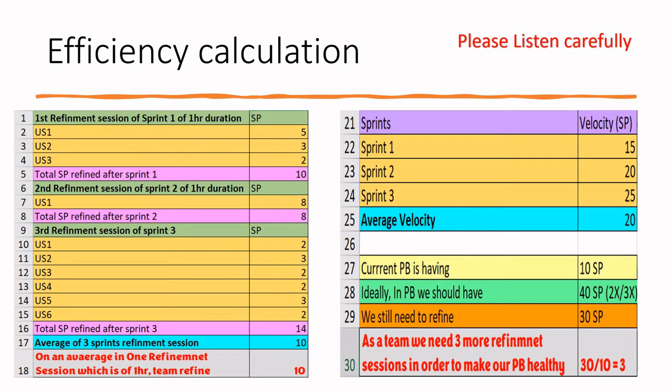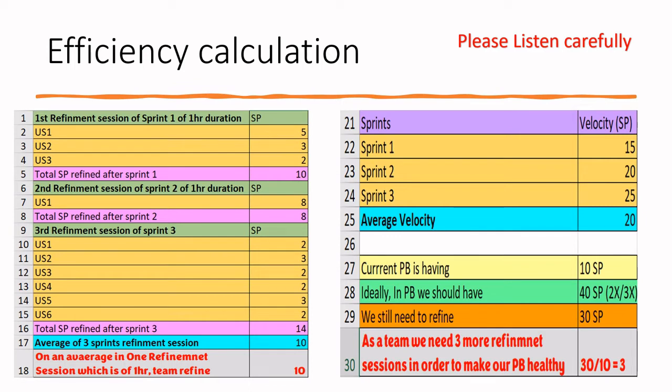So at this moment right now, my product backlog is having just 10 story points. That means only 10 story points I refined and I'm having that in my bucket. But what is my average velocity? The average velocity is 20, but at this moment my product backlog is just having 10 story points refined.